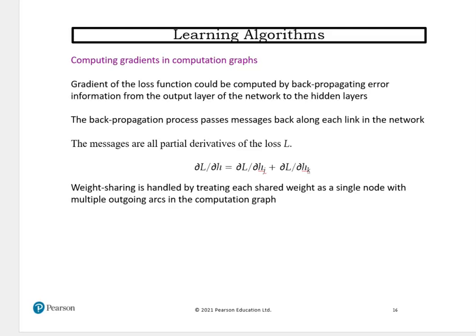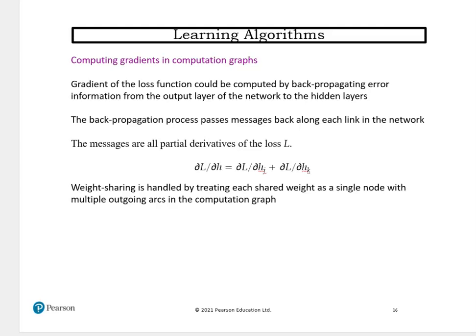The backpropagation process then essentially takes information back along each link in the network from the output all the way to the input. At each node, the incoming information is collected, and then we calculate something and then pass it back to the previous layer.